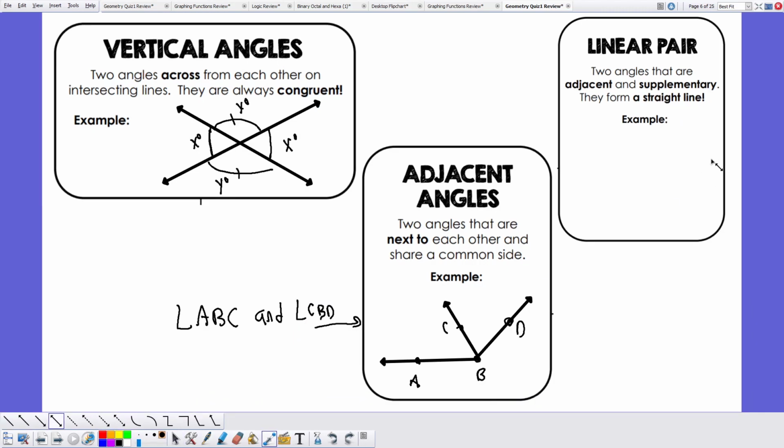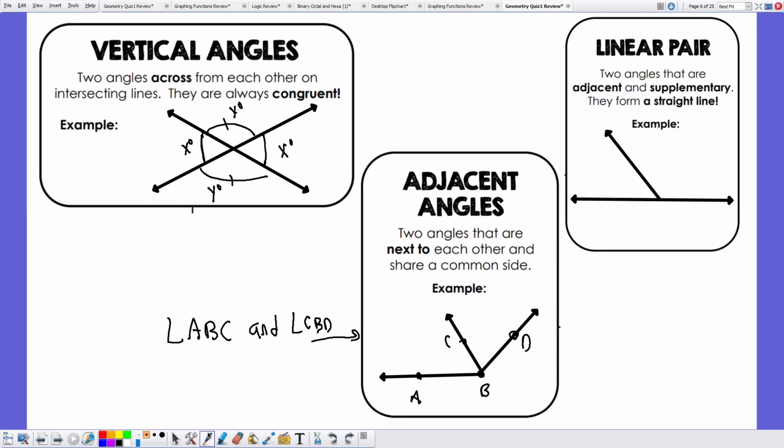Then finally we have another one of my favorite types of angles, the linear pair. The linear pair is just extremely helpful. It's two angles that are adjacent and supplementary. Therefore they form a straight line.